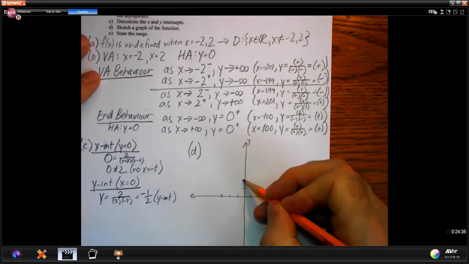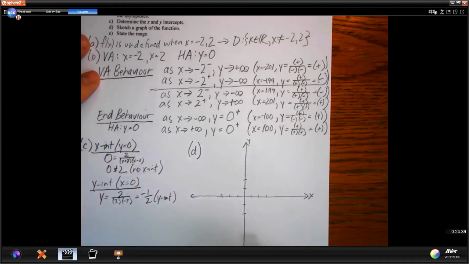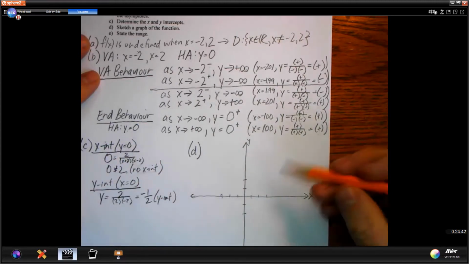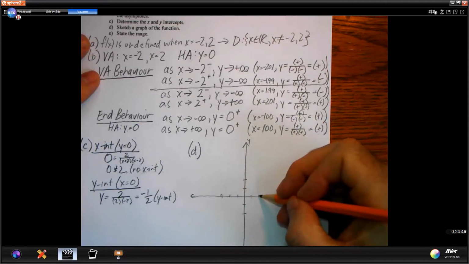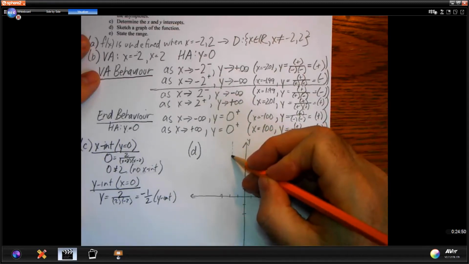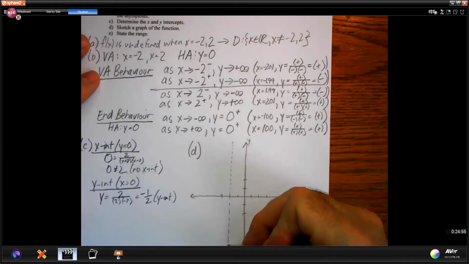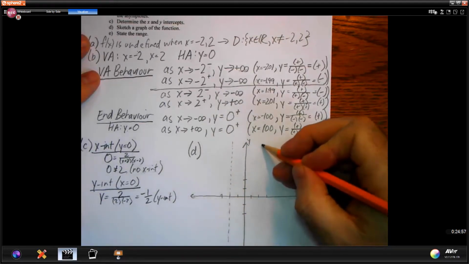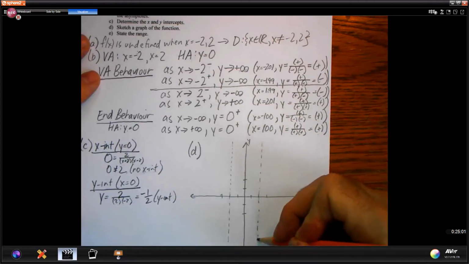I do have a fairly crude scale here for what numbers I need. Since the first one is at negative 2, I'm going to draw a dashed or dotted vertical line through x equals negative 2, and then I do the same thing for positive 2. So those are my two vertical asymptotes.